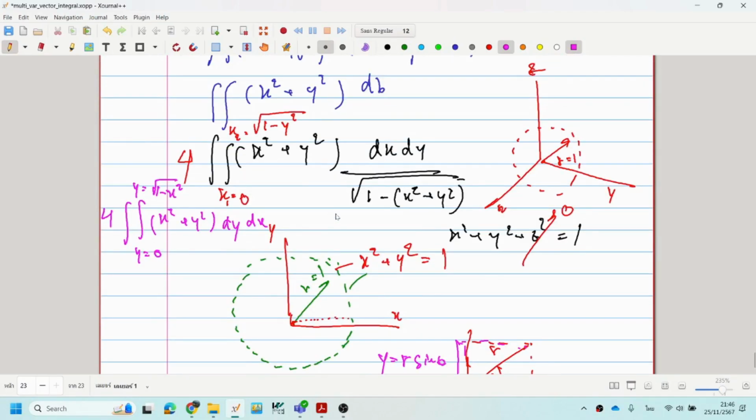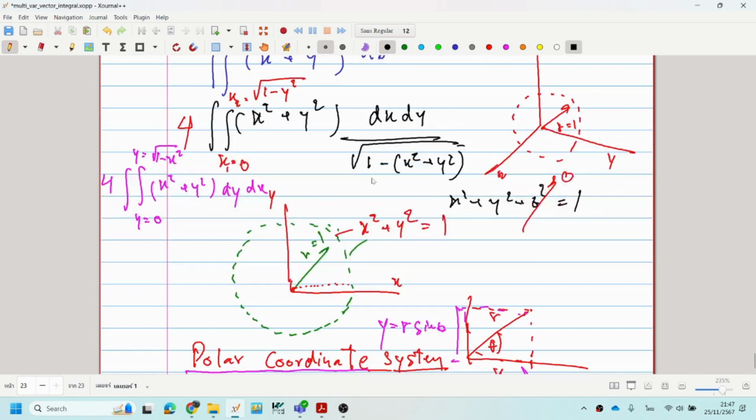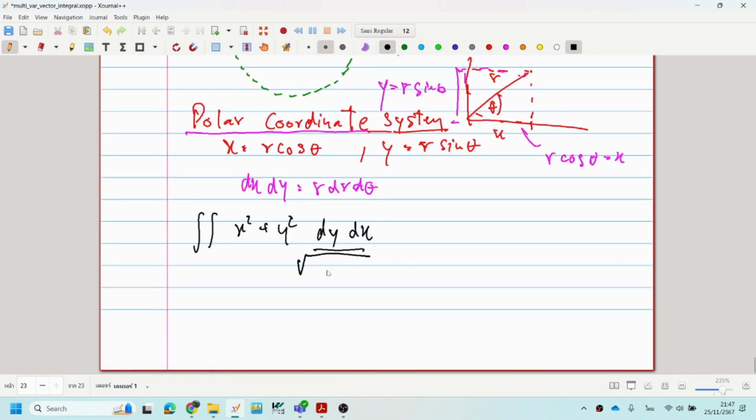I take the previous formula from above: x squared plus y squared, dy dx, with square root of 1 minus x squared plus y squared.